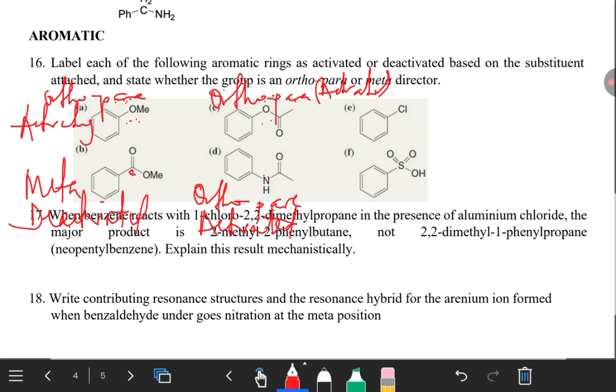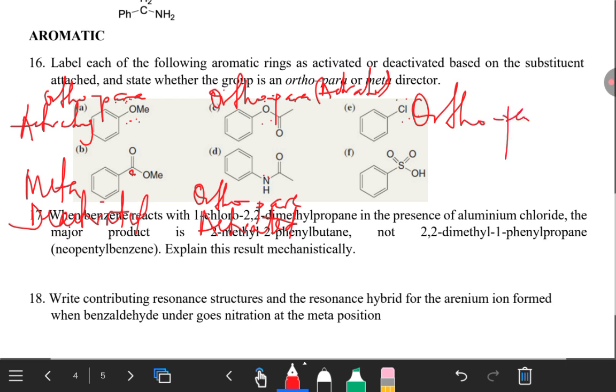Then we have this chloride attached to the phenyl group, but there is something special about halogens. Halogens have lone pairs of electrons which they can add to the ring, but these ones are very special. Instead of activating the ring because of these lone pairs, they simply deactivate the ring, but they are Ortho-Para.